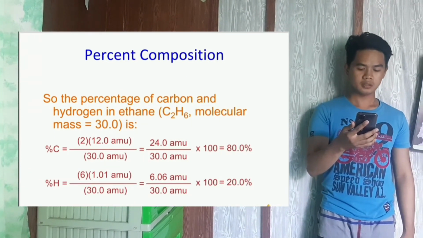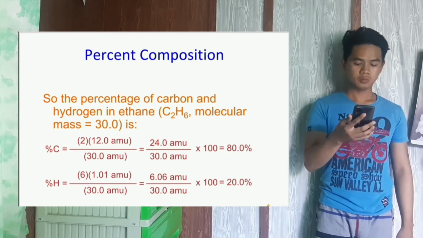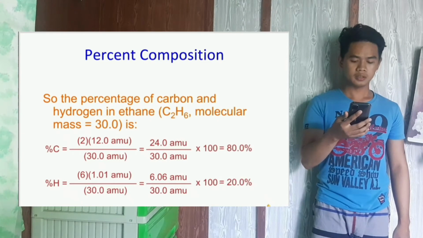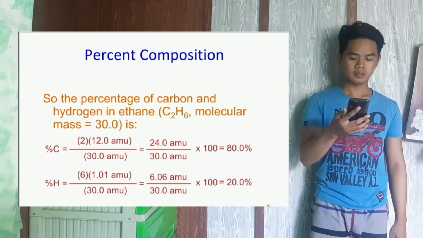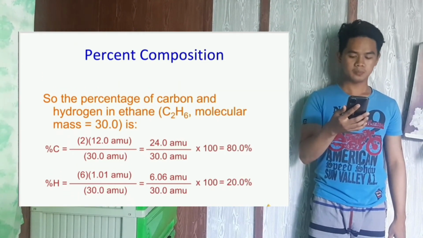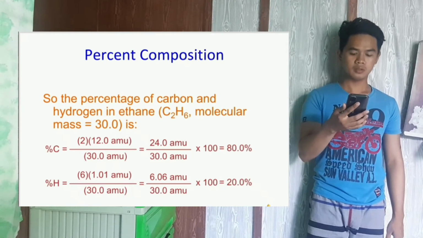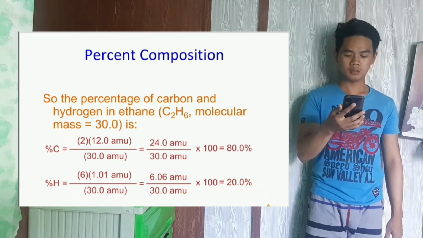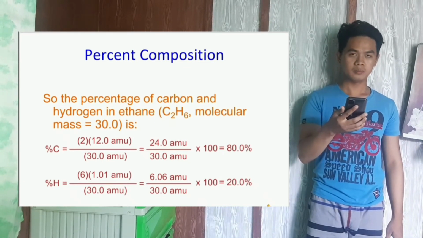Percent hydrogen equals 6 times 1.01 amu over 30.0 amu, which equals 6.06 amu over 30.0 amu times 100 equals 20.0%.